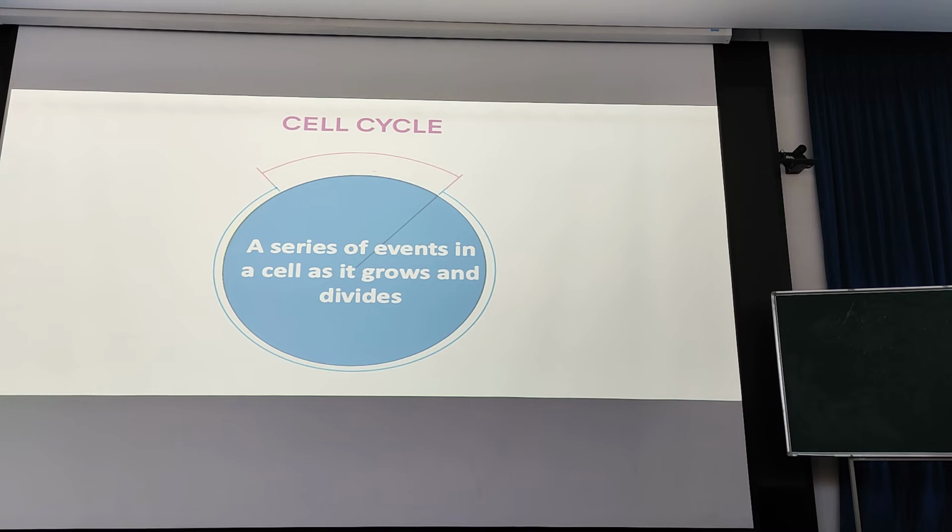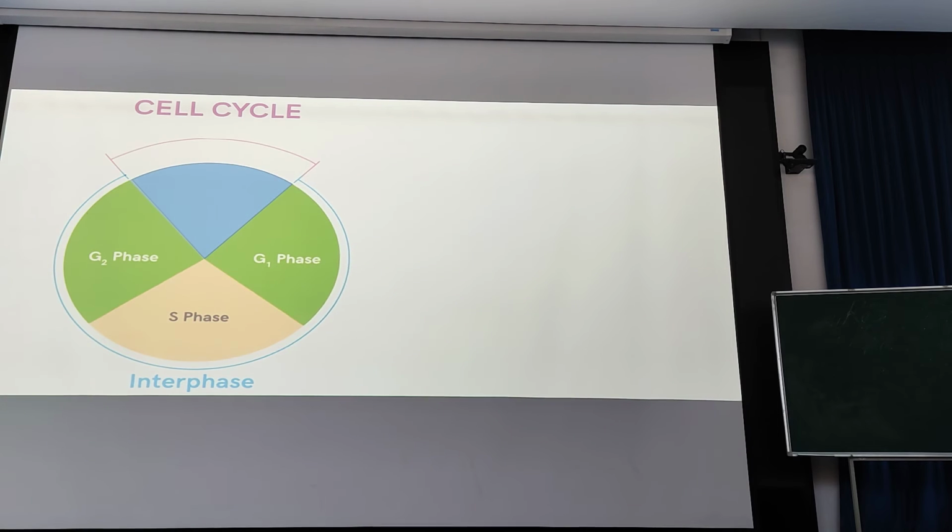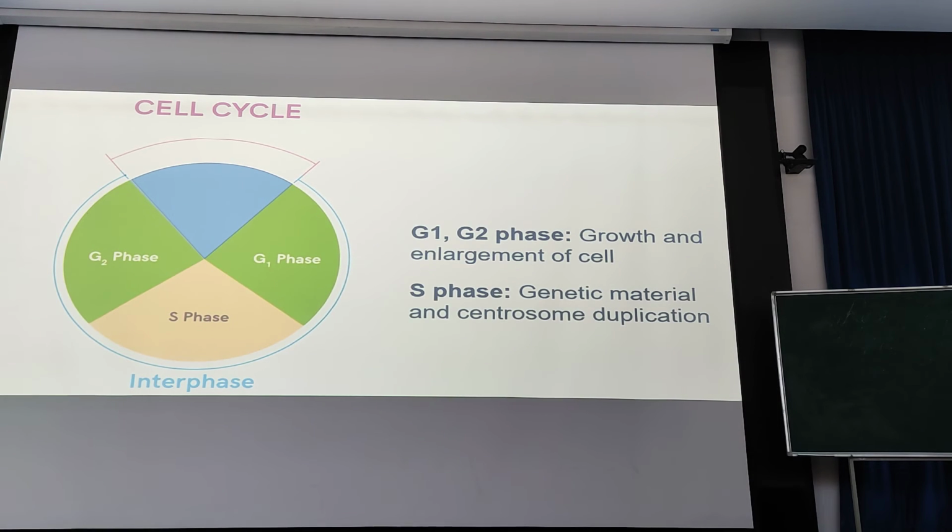So a cell cycle has different phases called G1, S, G2, and M. A cell spends more time in interphase. At this time, the cells prepare for cell division. And in S phase, the cells copy all the DNA in the nucleus.